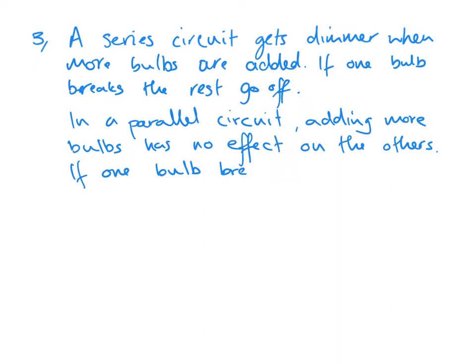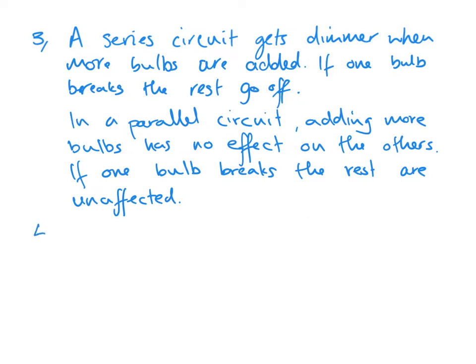And if one bulb breaks, the rest are unaffected. So notice I don't say just that the rest stay on. I'm saying they're unaffected, so they stay on at the same brightness.